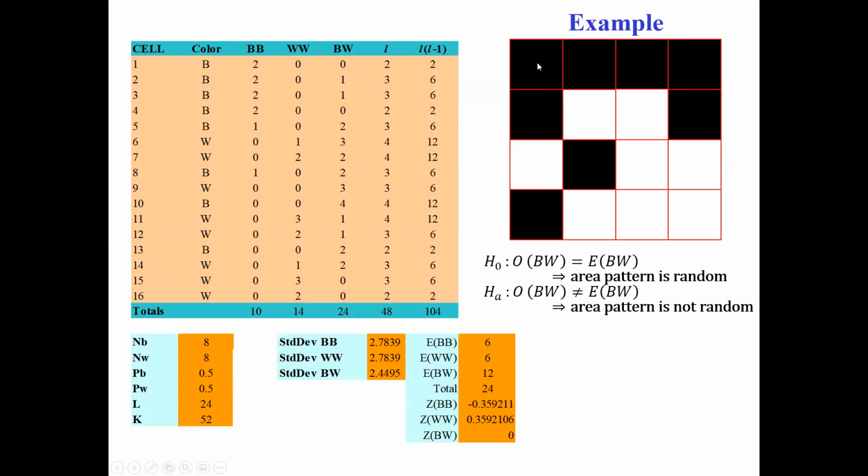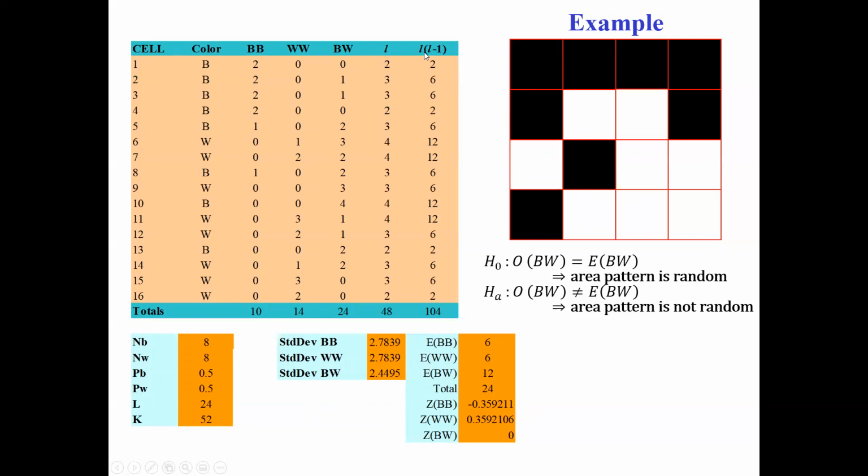Of course, here we are using Rook's case. Join 1, join 2, they're both BB joins. So there are no WW joins for the first cell. It makes sense, right? And of course, there are no BW joins for the first cell. So the total number of joins for the first cell is 2. Both of them are BB.